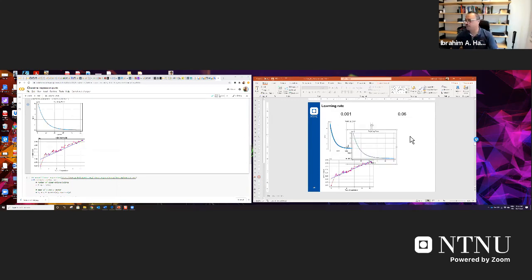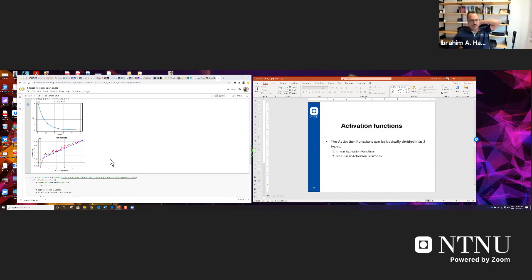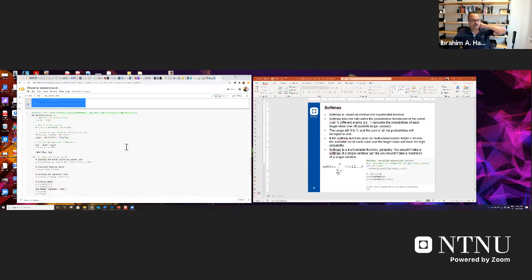So do you have any question for this problem? Any question for that part? This part here is a regression.